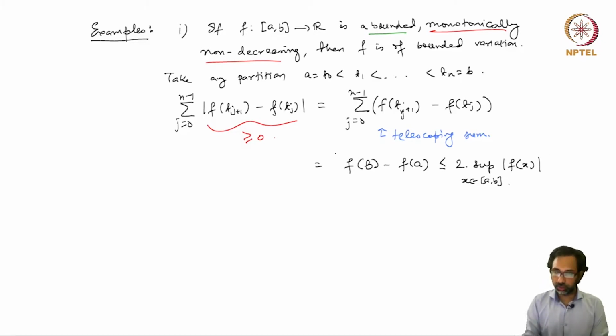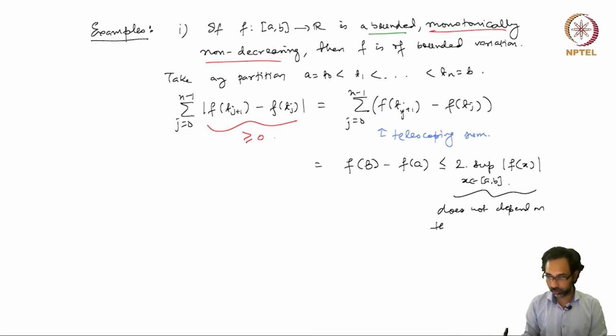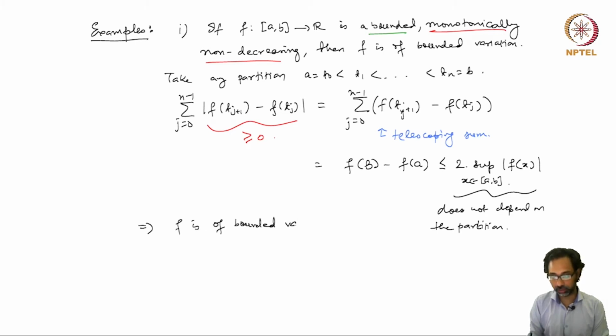So we see that you can take any partition and it will be bounded by this value which does not depend on the partition, and so you can take the supremum on the left hand side, which will give you that f is of bounded variation, because the total variation will be finite.